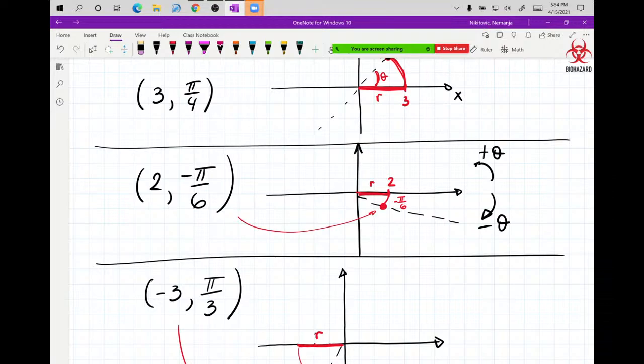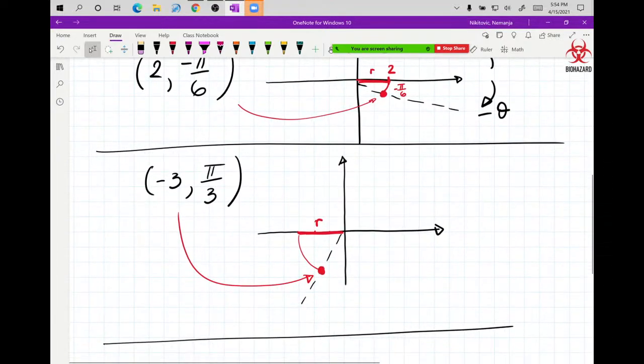Now, for these polar graphs, it's important to understand that if you go another full circle around, you are going to land in the same spot. So you have to be aware of that. I mean, we did that before when we talked about reference angles.